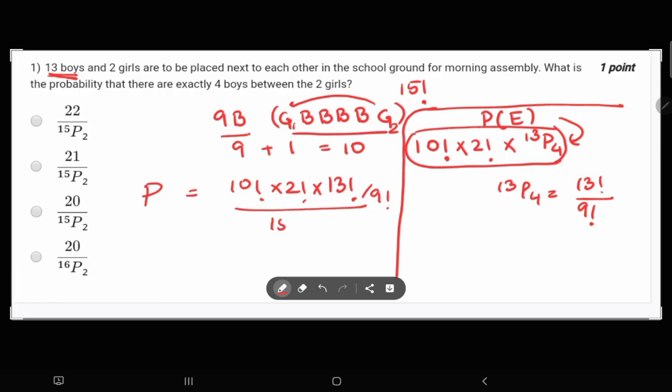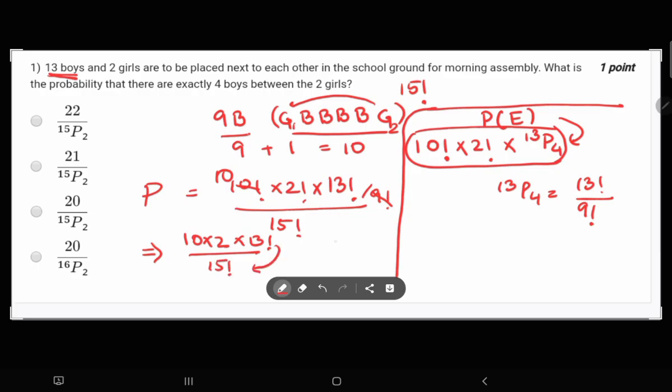This we will get 10, and now 10 into 2 into 13 factorial divided by 15 factorial.